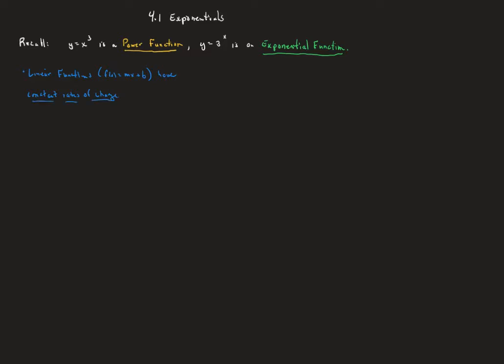And so, for example, suppose you have $100 and you spend $8 each day. So we would say then the amount of money you have, we could either say y equals mx plus b.